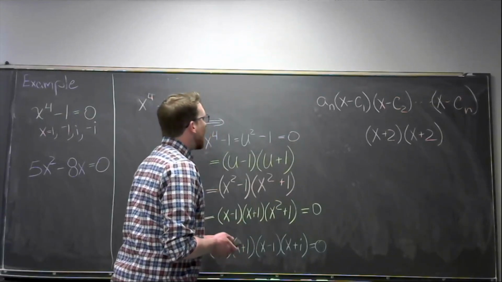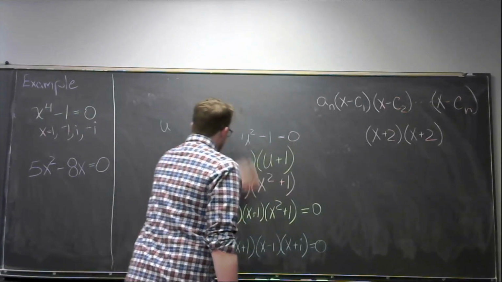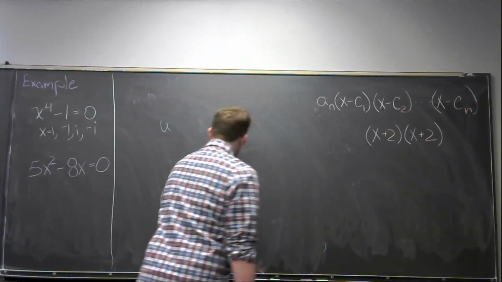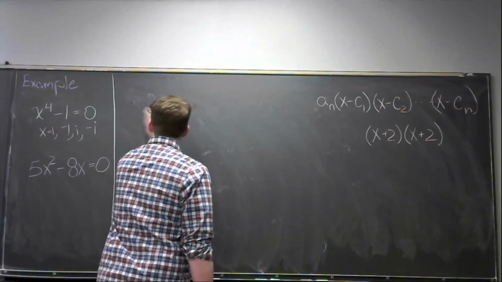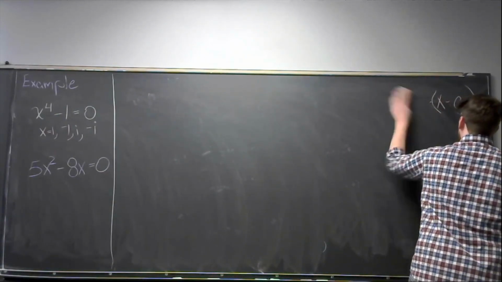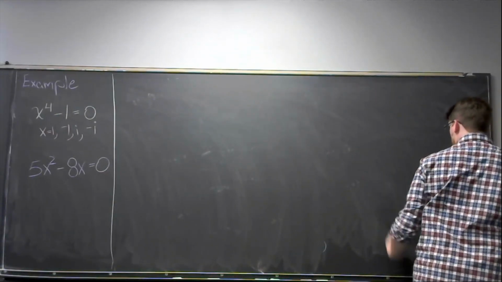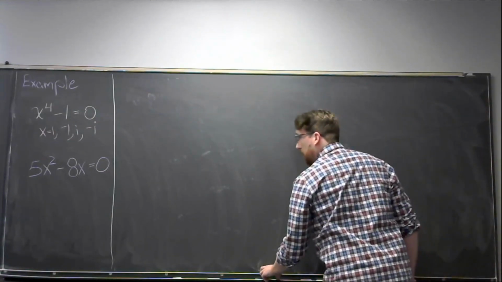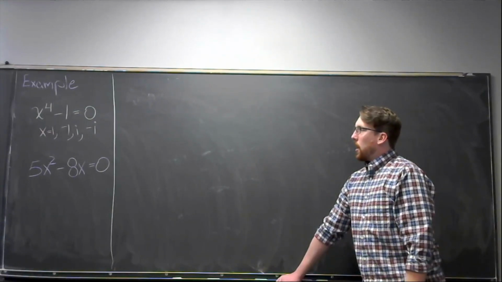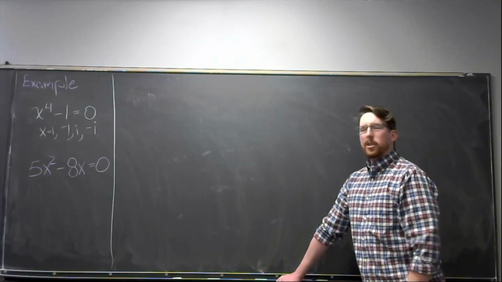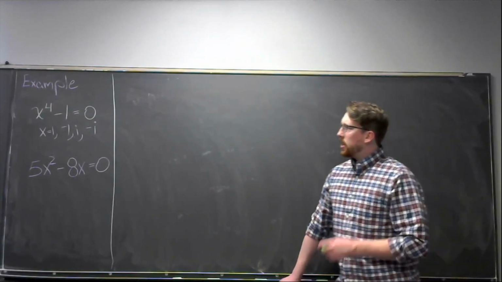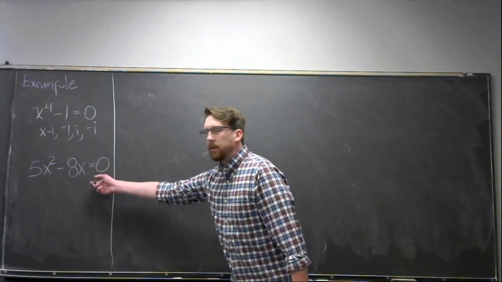Now, having said that, because this obviously takes a little while, let's ask a slightly different question of this second example. How many solutions, how many roots will this second example have?